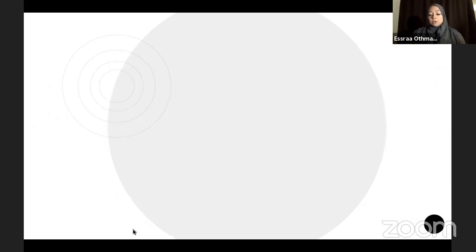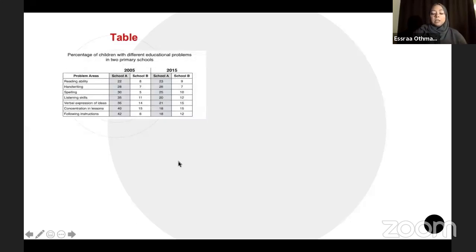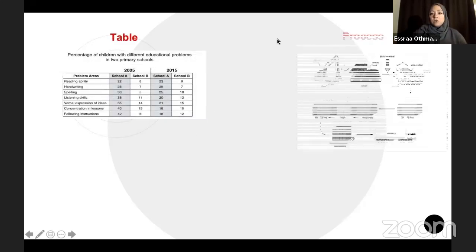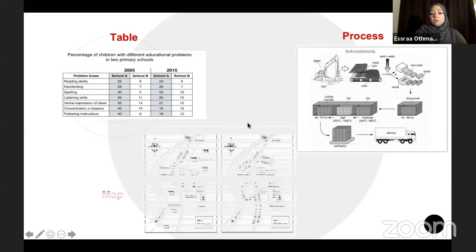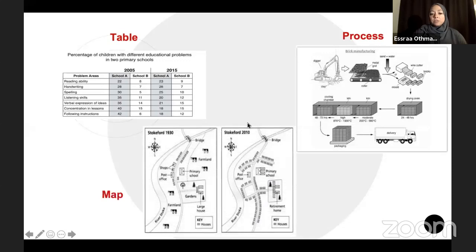And in those parts, you are going to analyze the numbers and the data given and translate them into words. Okay, you can also have tables. You can have a process. You can also have a map for a certain place, for example, and you compare between the 2 places and what changes have happened throughout the years in the same place.